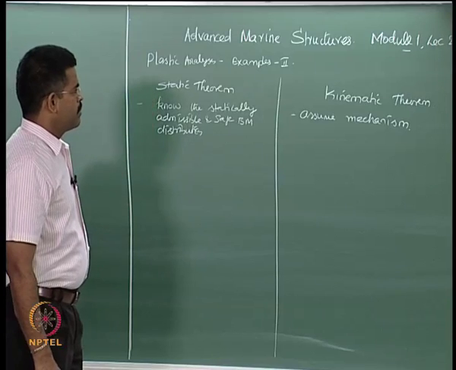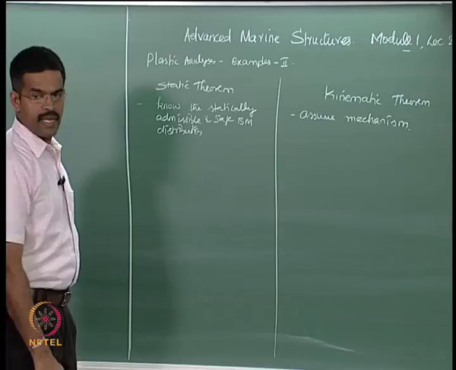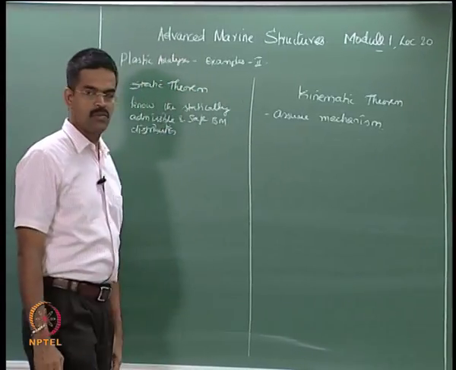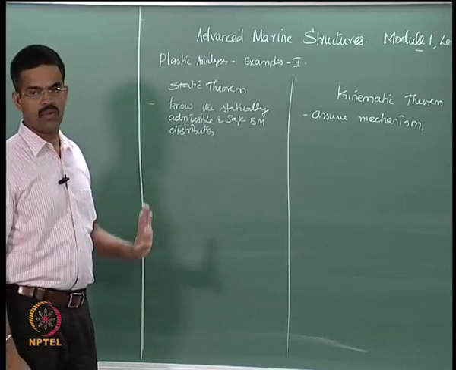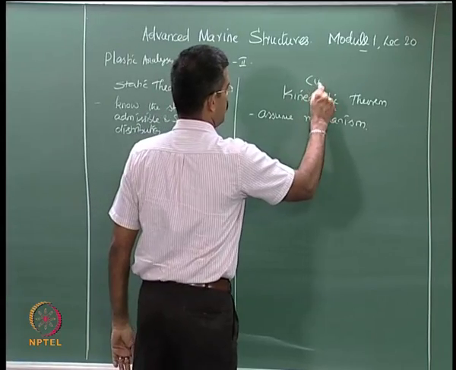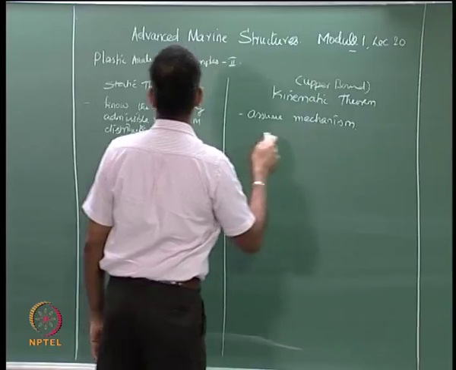So, this theorem gives you values which will be lower than that of the true collapse load, whereas this theorem gives you the values which will be either greater or equal to the true collapse load. So, we call this as upper bound and we call this as lower bound.